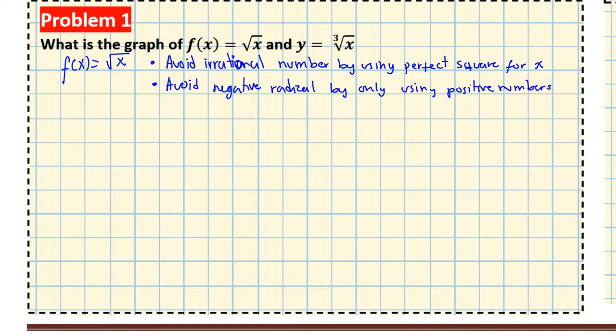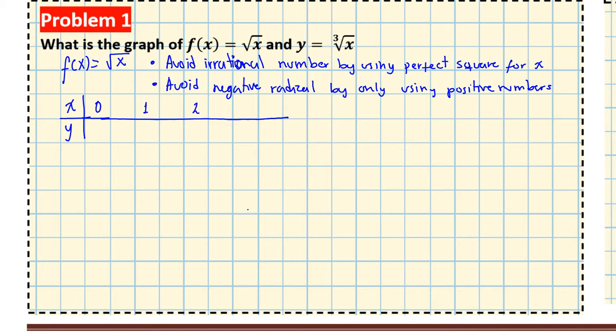Okay, so what does it look like? I'm going to draw a table of x and y values, and I'm going to begin plugging values for x and getting values for y. And the values of x that I'm going to plug in are very specific. I chose them because they're perfect squares. That way I can avoid radicals. So I'm going to pick 0, 1, 2.